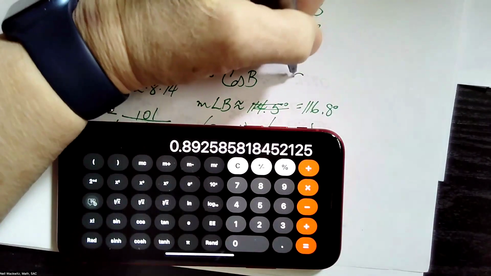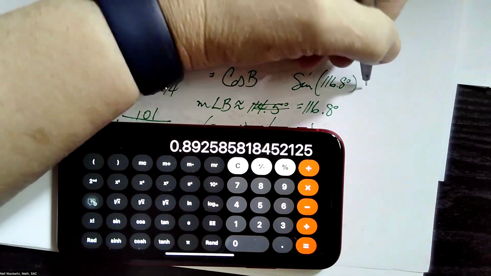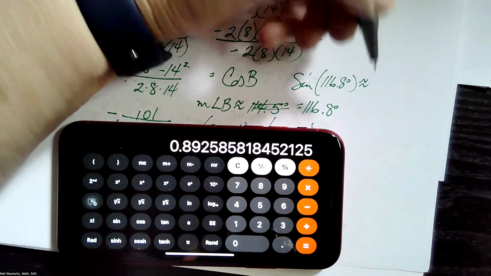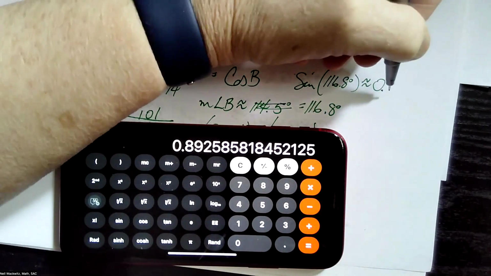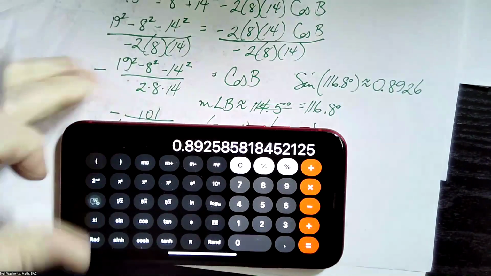So the sine of 116.8 is approximately 0.8926.